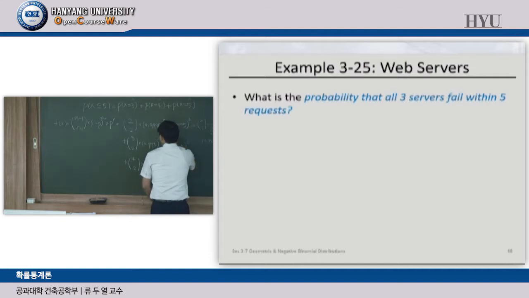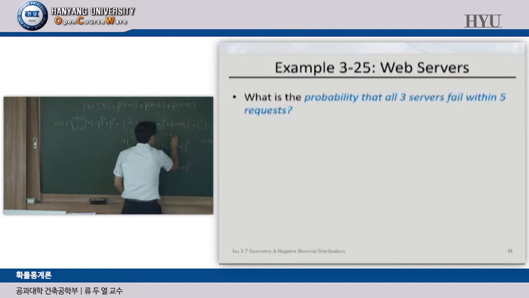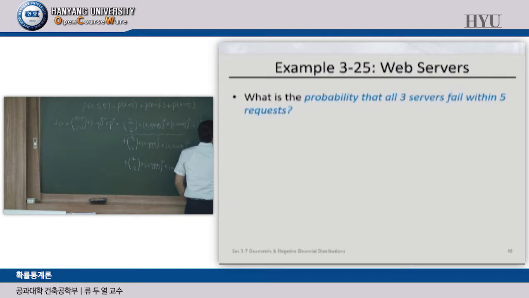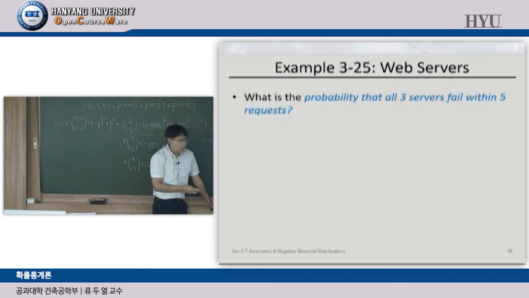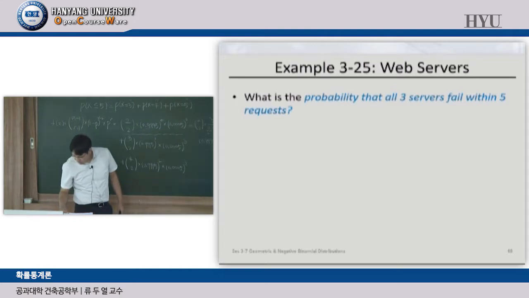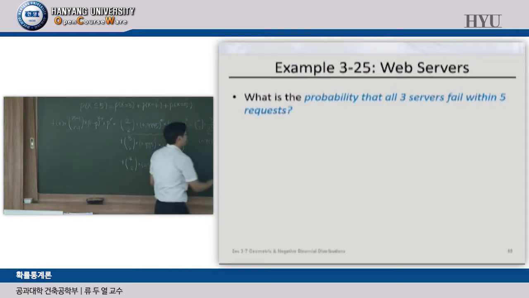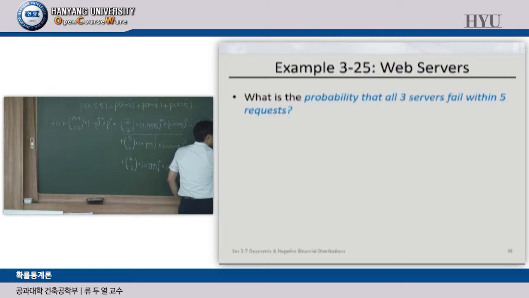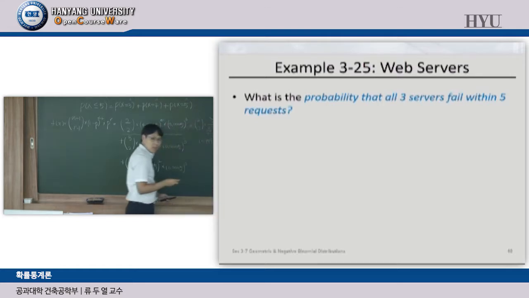So this equation finally should be 1 multiplied by 1 multiplied by 0.0005 to the 3rd power, and this will be 1.25 multiplied by 10 to the power of minus 10.